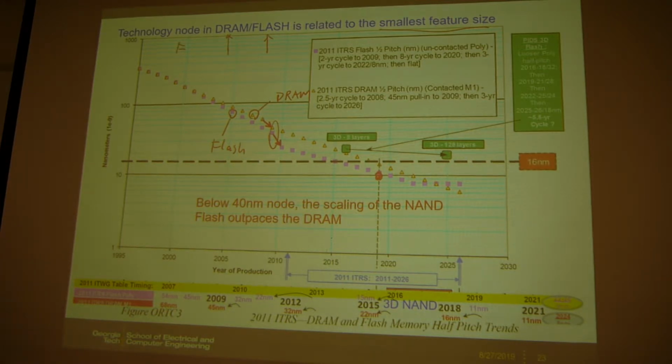But as we will discuss, the industry stopped 2D scaling for the flash at roughly 13 or 14 nanometer, then switched to 3D NAND flash. But this 14 nanometer printed gate length is still the smallest today, smaller than the DRAM, smaller than the logic, for the two-dimensional flash.